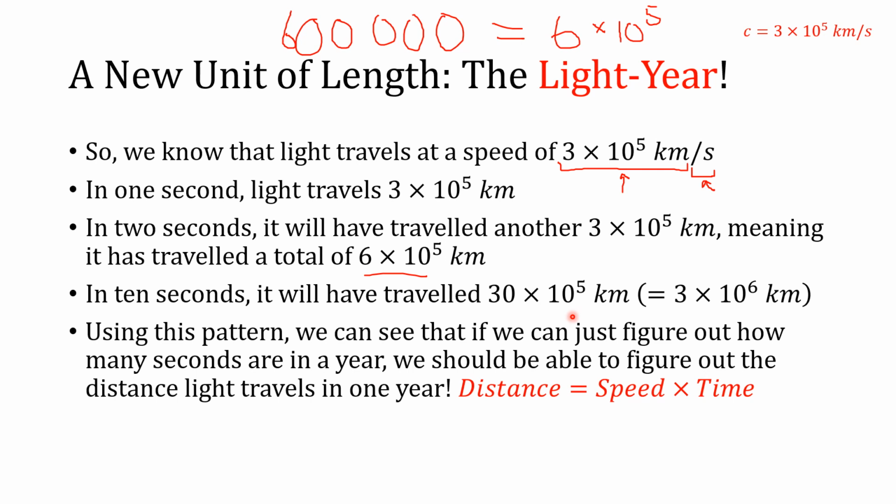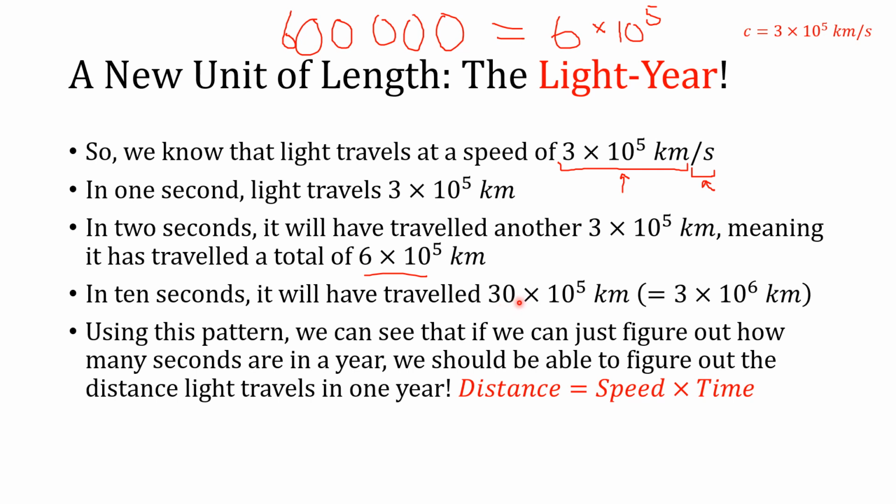You guys can explore that if it's not making perfect sense, but basically, in 1 second, it travels 300,000 kilometers. In 10 seconds, it travels 10 times that, so 3 million kilometers, which we can write in scientific notation like this. Now, you might ask why I wrote it that way instead. The proper way, if you're writing something down in scientific notation, is to have only one digit before the decimal point. Right now what we've got is effectively a 30 and then a decimal point. So that's not proper. We've got 2 digits before that.